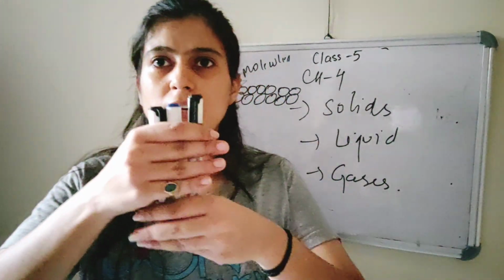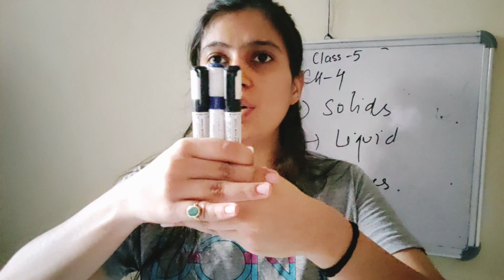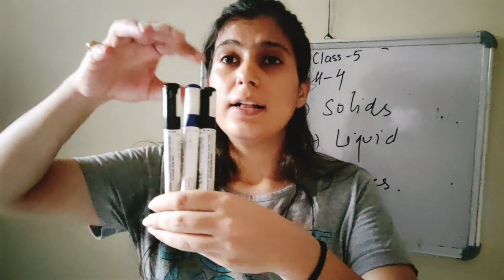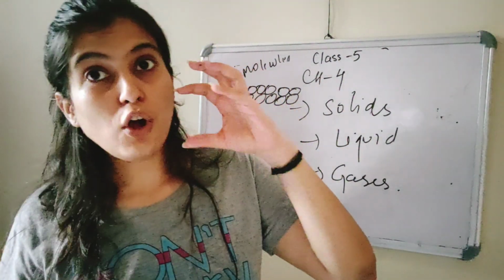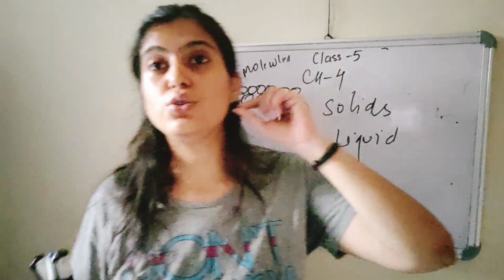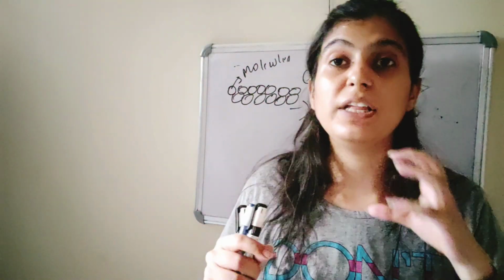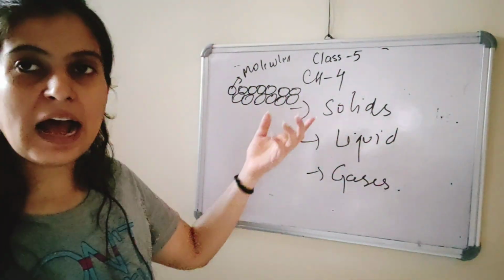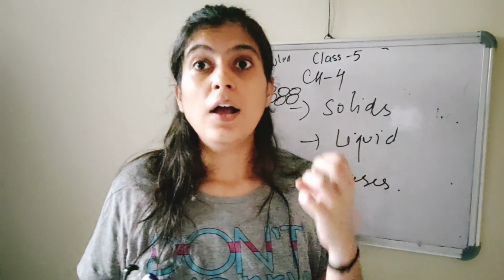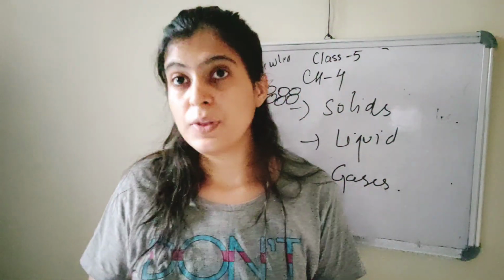Suppose that molecule, they are holding each other together. This molecule, can it freely move? It will not move. The molecules do not have spaces between them. They cannot move around easily. That's why solids have a definite shape and a definite volume.